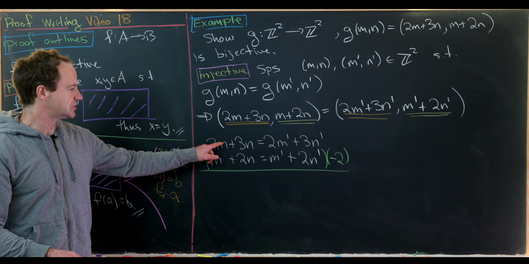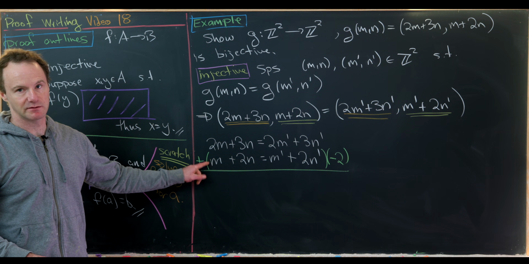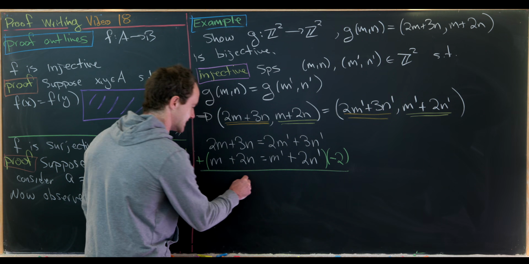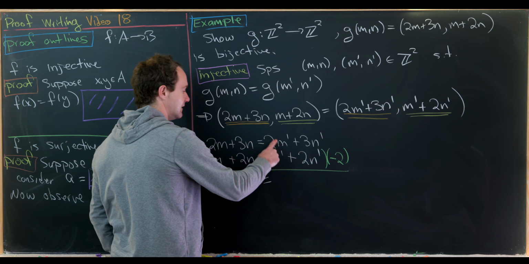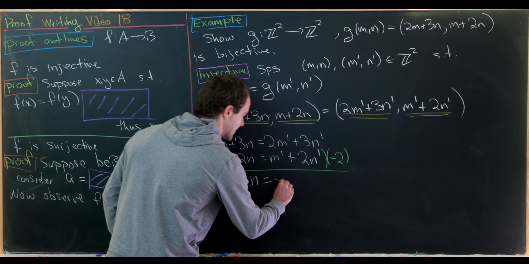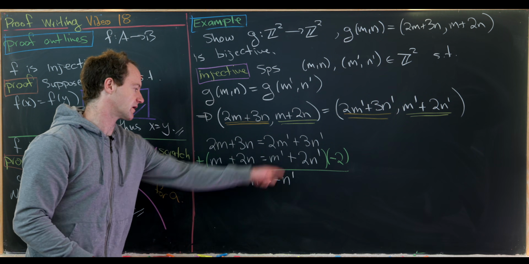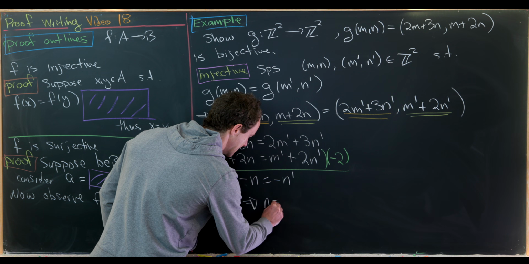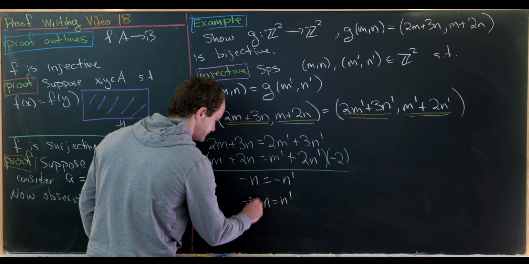So let's see, we'll have 2m minus 2m, that's 0. We have 3n minus 4n, so that's -n. Then the m primes cancel similarly, and then we'll have -n prime over here. But if -n equals -n prime, that means n equals n prime.